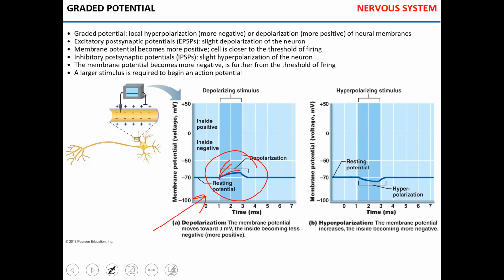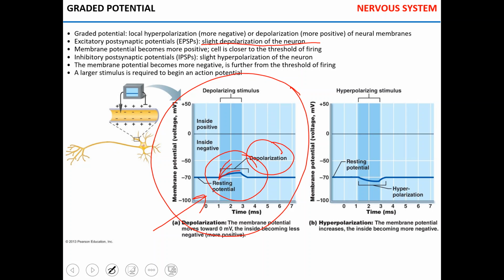So in the neuron, those membrane potentials are called excitatory postsynaptic potentials. We didn't talk about the synapse yet. We will talk about it pretty soon. Basically, the excitatory postsynaptic potential shown here is the slight depolarization of the neuron. Depolarization, as we mentioned already, is the term for the neuron becoming slightly more positive.